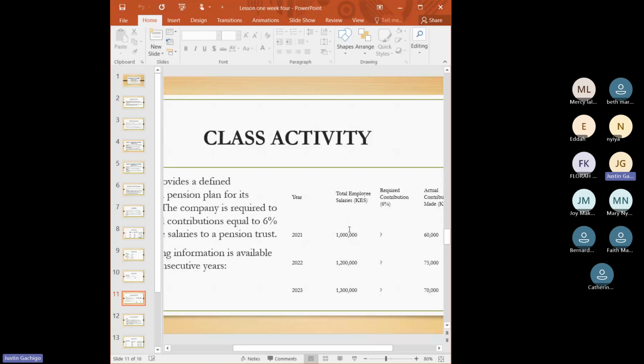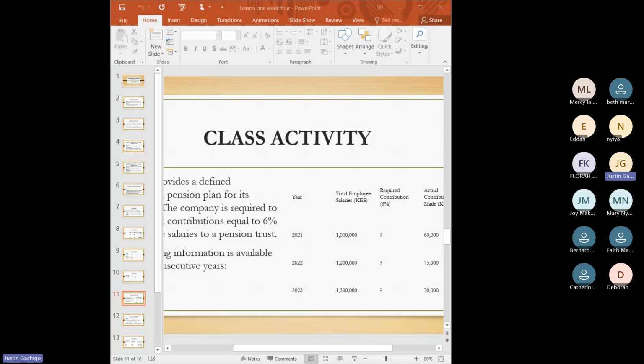Remember, for defined contribution, what I told you earlier is that employer contributes and employee contributes. But in this case, we are told that the company is required to make the contribution. So the company will make a contribution of 6% of this. So what is 6% of this? 60,000.